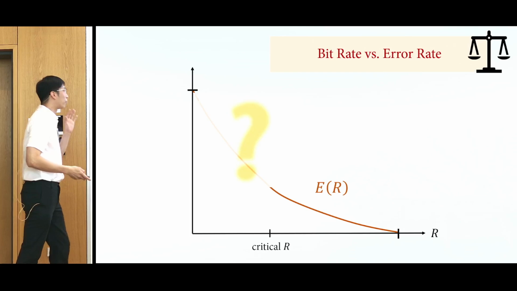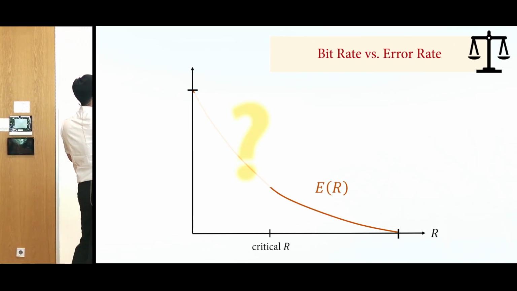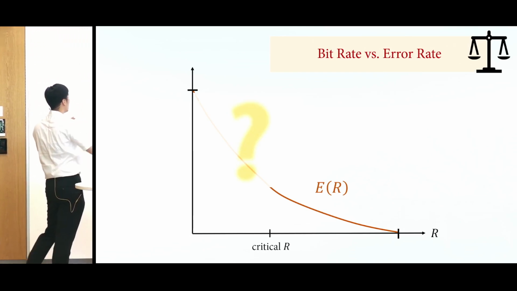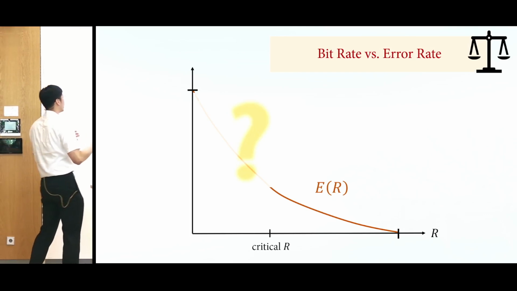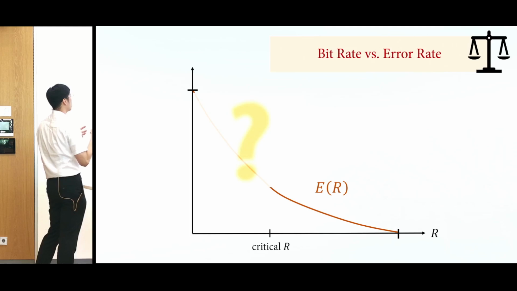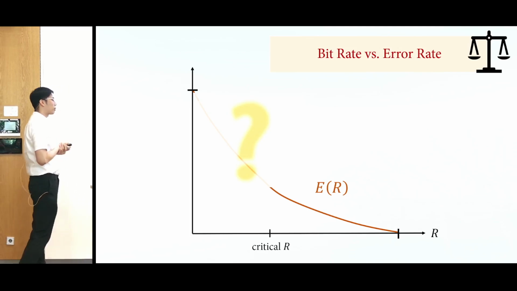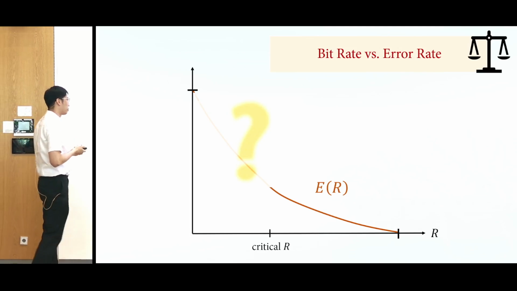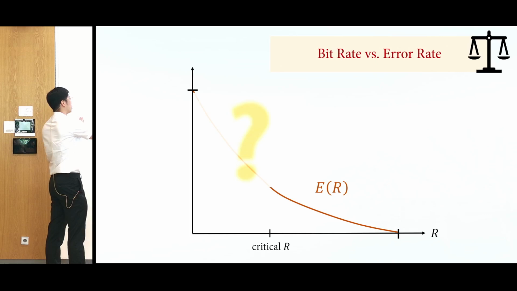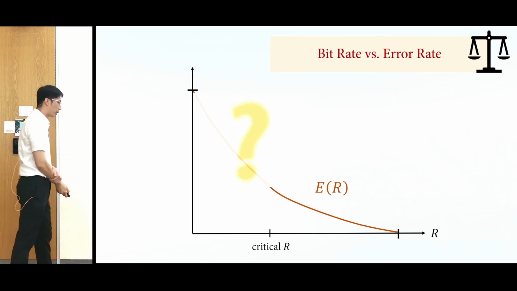Okay. If you plot the optimal trade-off between bit rate and error rate, it is something like this. It's not fully known yet, even in the classical case. People can only fully characterize the optimal error exponent, or what we call the reliability function, for a certain high rate region above some critical rate.